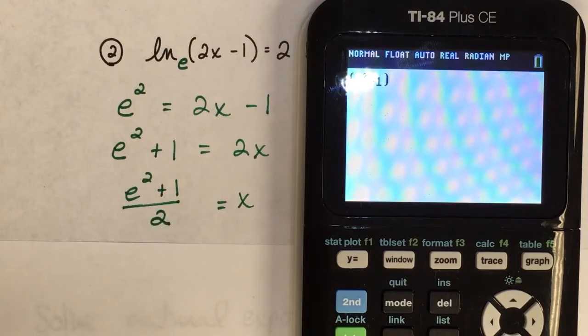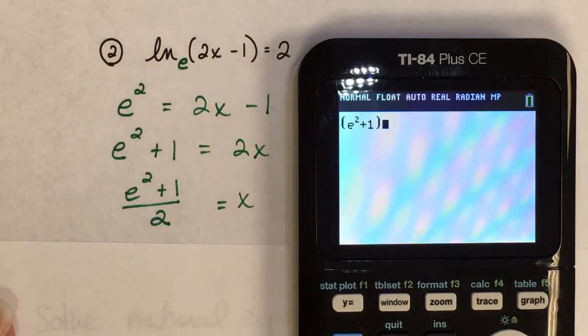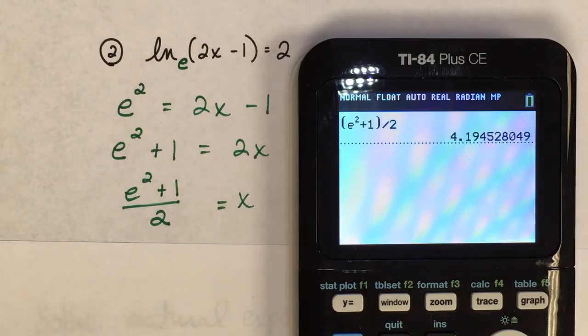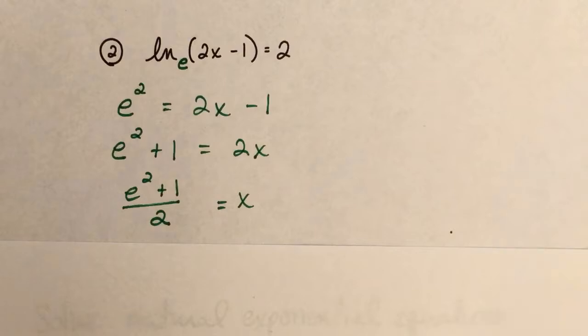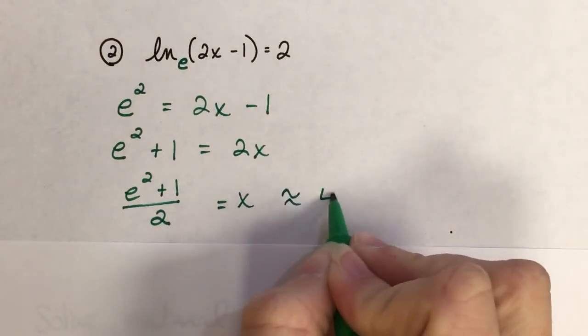Now remember, you are putting a set of parentheses around the whole numerator. And then you need to divide by 2. So if I were to round this to 3 decimal places, like I did earlier, then I would have about 4.195. So this would be approximately 4.195.